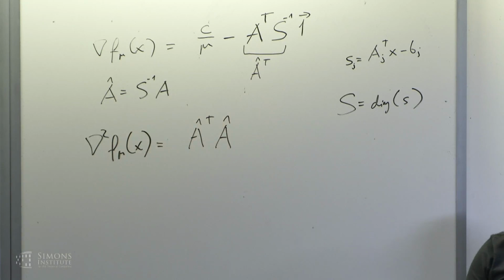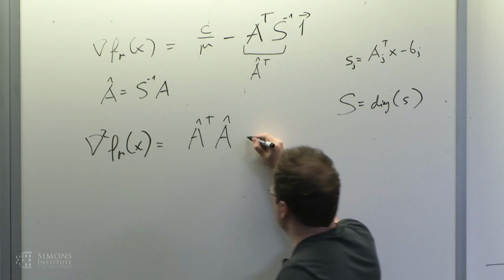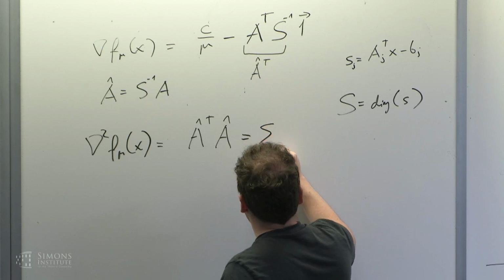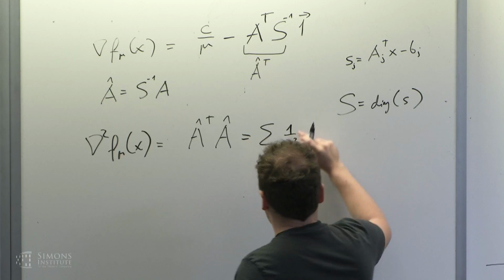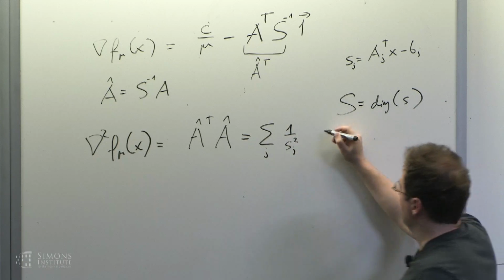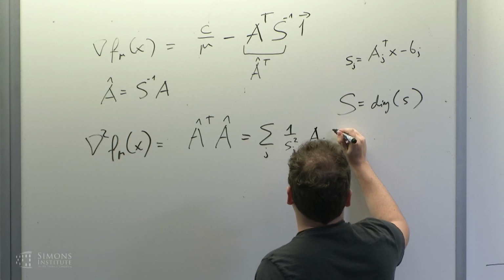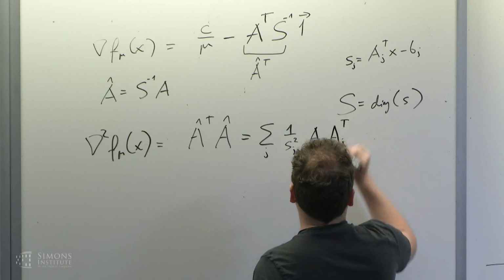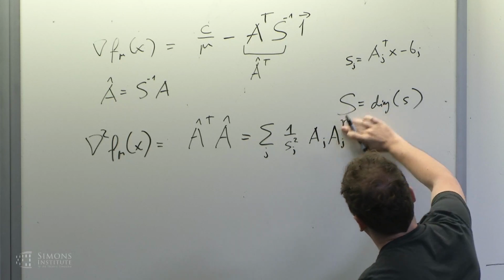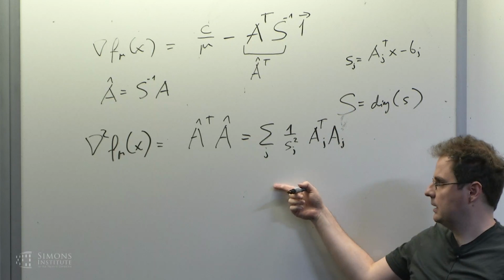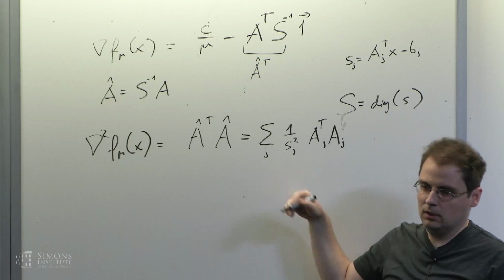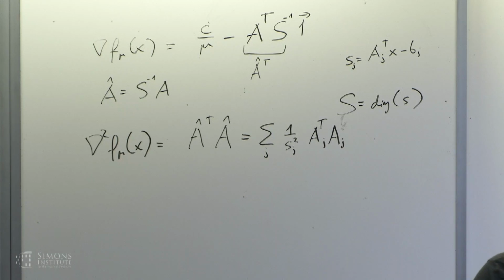So the Hessian is essentially a sum of rank 1 matrices, where each is weighted by 1 over the slack squared times the rank 1 matrix corresponding to the row. In particular, this shows that indeed this function is positive semi-definite, as long as these rows span, that is, A is full rank.